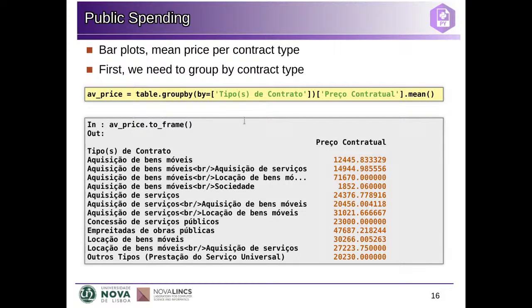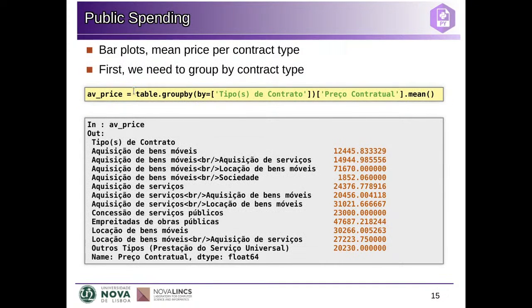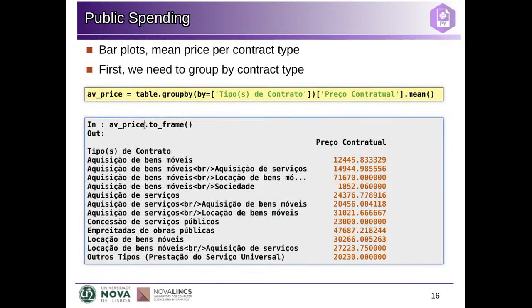And now we can convert. So this is actually a group by object that we can convert into a data frame by using the toFrame method. A group by object in Pandas is slightly different from a data frame, but it's easy to convert.